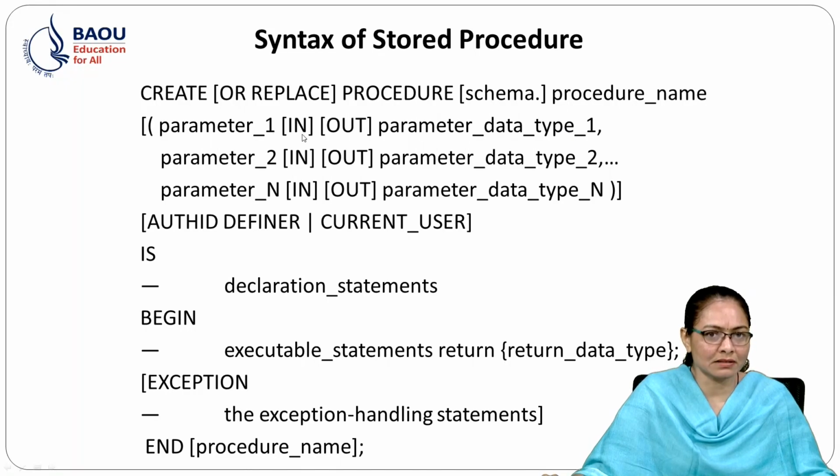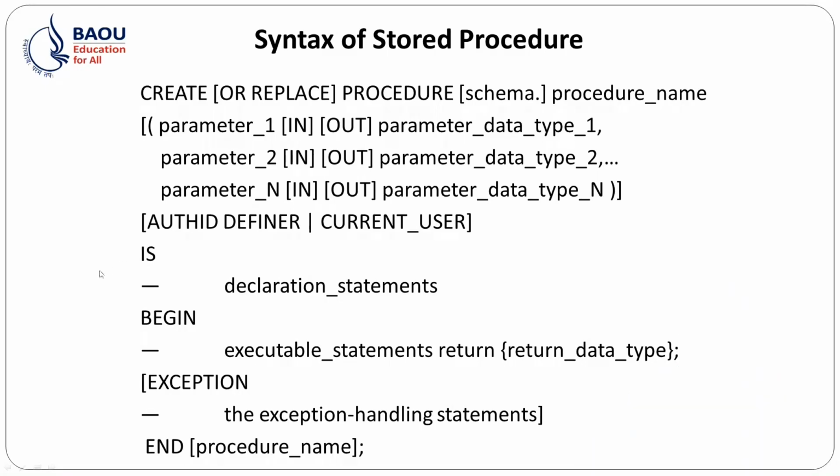Parameter means like a variable, the same as if we declare a variable. After that, this one is the specification part, and after that is the keyword IS, and then the body part. This one is the body part and this one is the specification part.